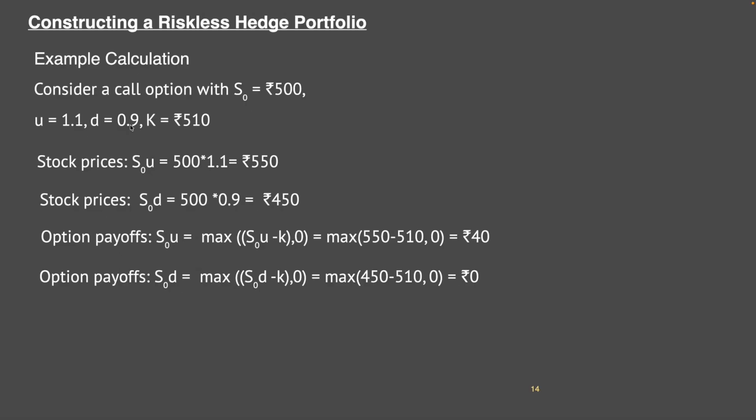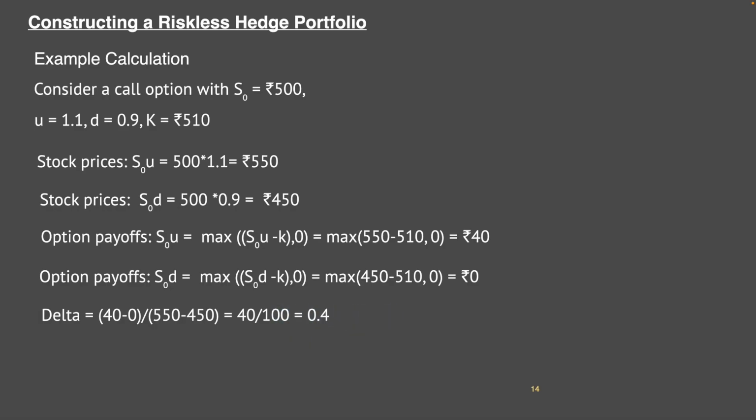However, when D is equal to 0.9, the stock price is 450, which is less than the strike price at which you had taken the call option. Hence, the option will expire worthless.